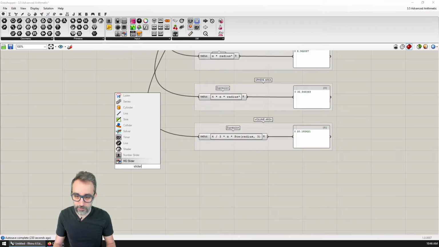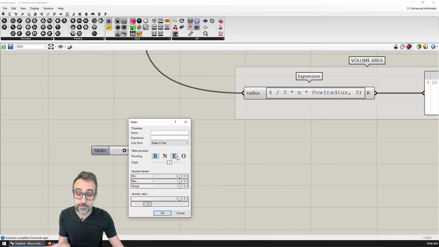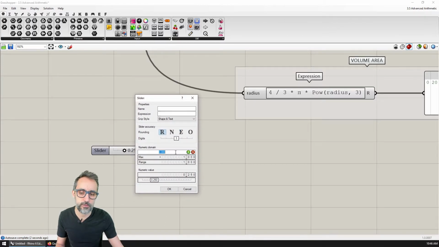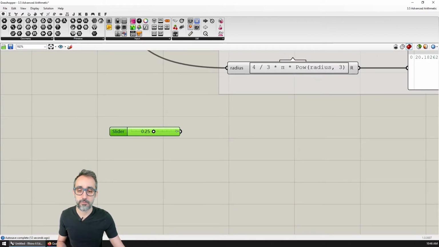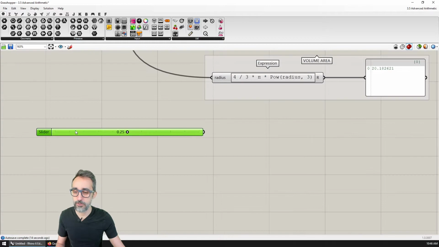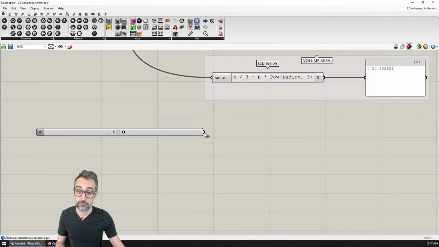I'm going to type here number slider, and then right click to customize the values, and this is going to go from minus 100 to positive 100 with 2 decimals, for example. And then I am going to crank this up, and this is going to be the value of the constant a.